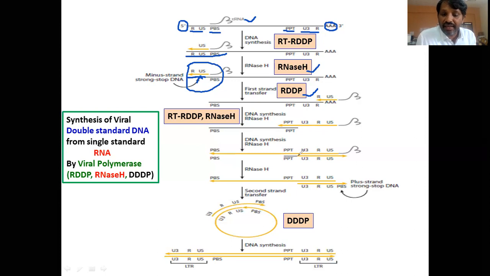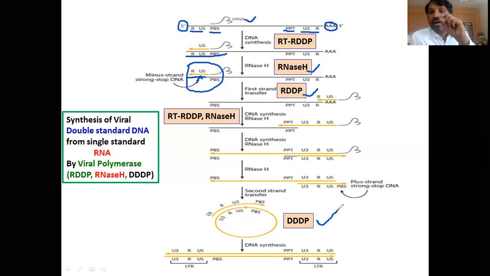So the second DNA strand synthesis takes place, and what does second strand DNA synthesis mean? DNA to DNA, which means DNA-dependent DNA polymerase. In the entire replication scheme, three activities are required. One is RNA-dependent DNA polymerase, from RNA to DNA.